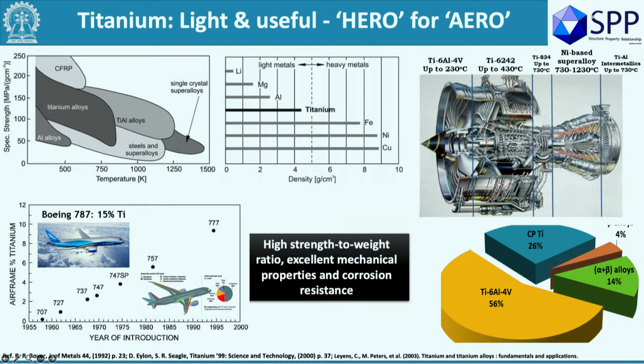To get aerospace grade alloys, certification is a very challenging issue, and so much so for titanium. That's why you will see this Ti-64, this one single alloy, has a market share of nearly 56% of all titanium used till today, particularly for aerospace application, because there is no replacement for it. It is extremely difficult to replace.